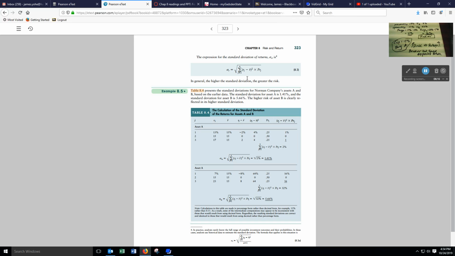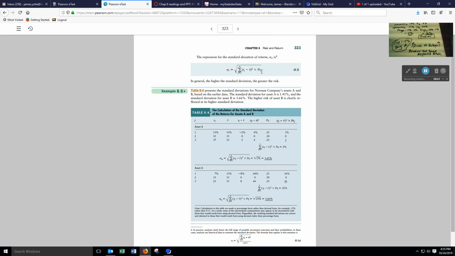What we do here is for each return, pessimistic, most likely, and optimistic, we take the return you get from that investment, subtract out the expected value, which was 15%, then we square it, and we multiply it by the probability of that scenario.